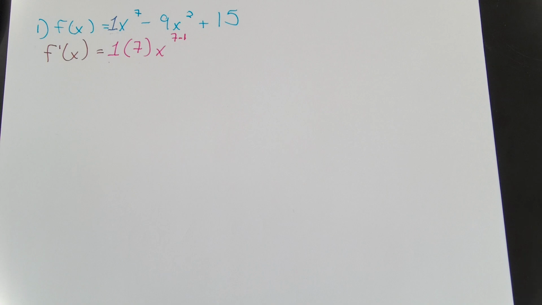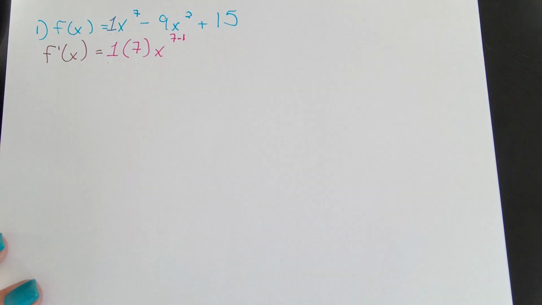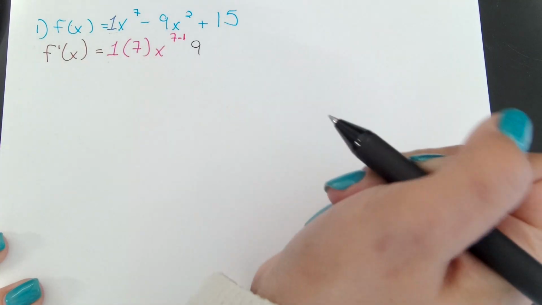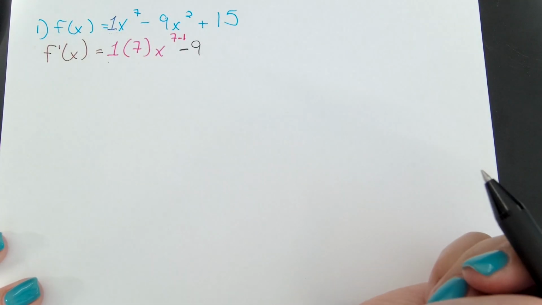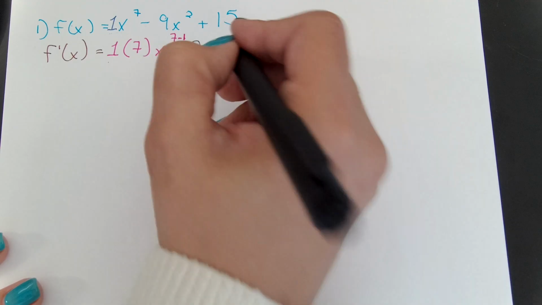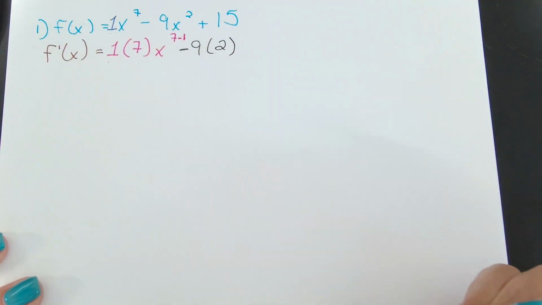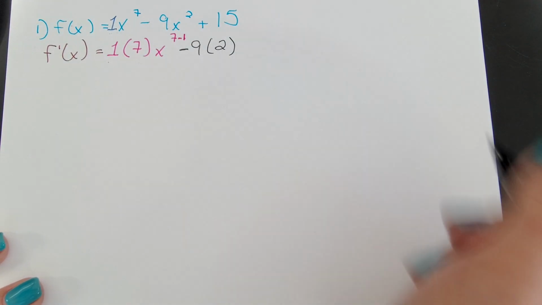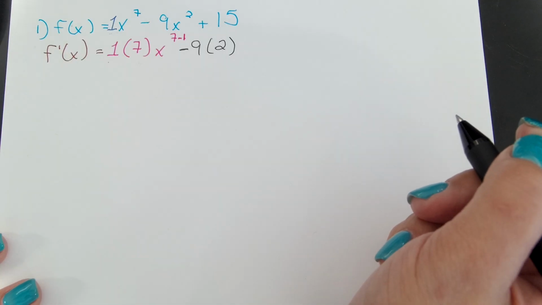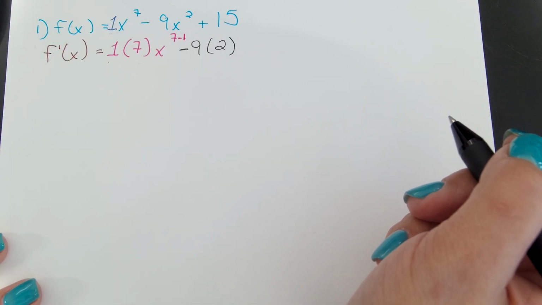Hold on, hold on, hold on. All right, Boris, go ahead. So next would be, can you speak up, though? 9. Well, minus 9. And then times 2. And then 2 minus 1. Right? Oh no, plus 15.